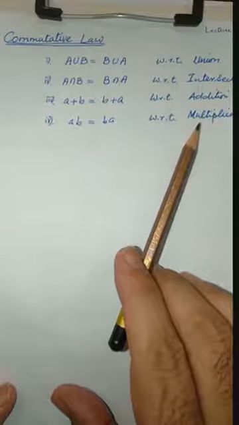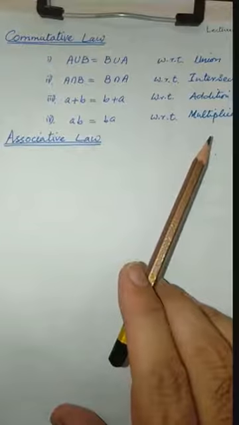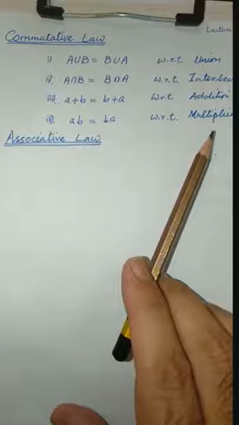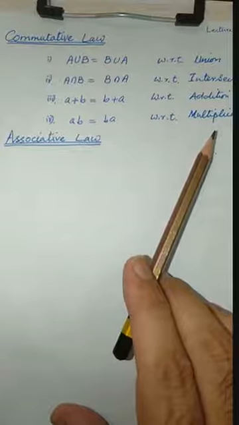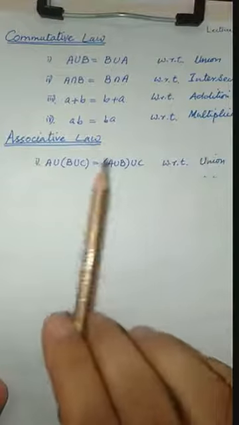Now moving to another property, which is called the associative property. Remember students, for the associative property we have three sets or three elements and a single operation sign is used, like this.